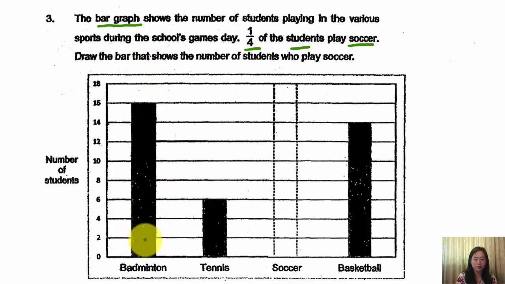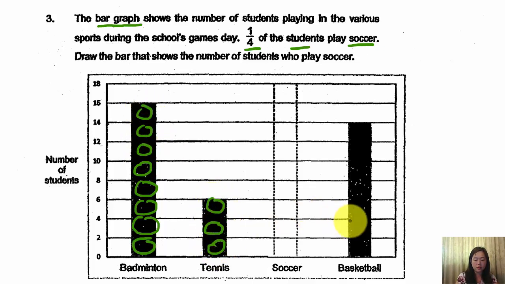So notice that this is actually one box here. So we have 1, 2, 3, 4, 5, 6, 7, 8, 9, 10, 11, 12, 13, 14, 15, 16, 17, and 18.